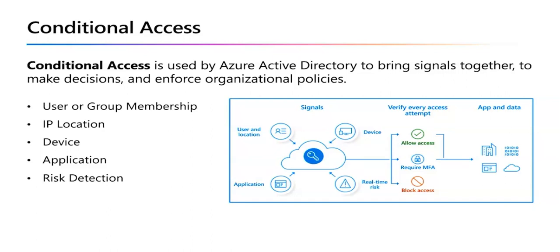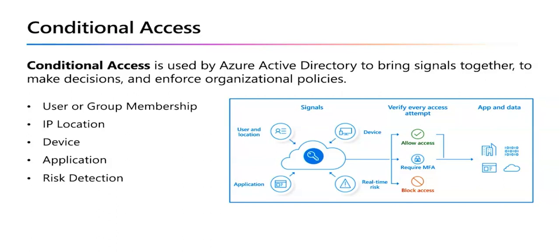So the best way to think of conditional access is as if-then statements. If Thomas is signing in on a corporate device and Thomas is on the corporate network, then we're going to allow access. However, if Thomas is connecting from his non-corporate device and he's connected to the network, then I'll require maybe MFA or maybe just deny him completely.